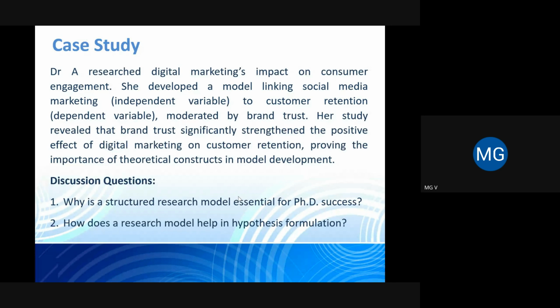So the question arises, why is a structured research model essential for PhD success? Anyone? Why is a structured research model essential for PhD success?